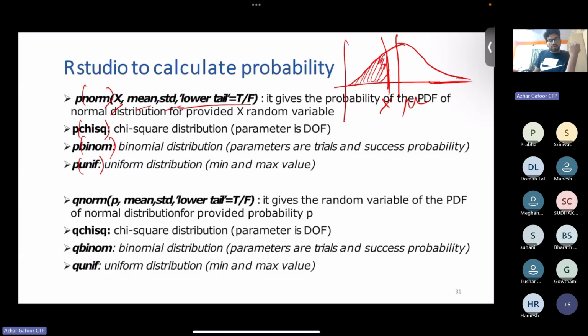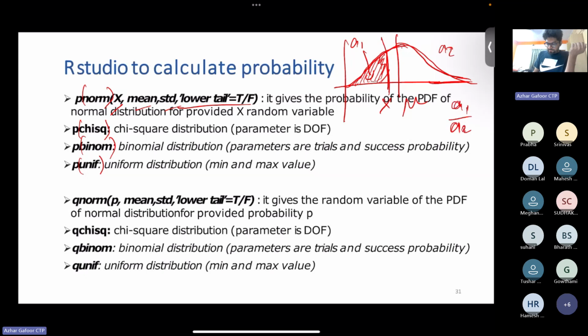Another way to think of calculating the probability in uniform distributions is, if this is area A1 and this entire area is A2, then the probability is A1 by A2.